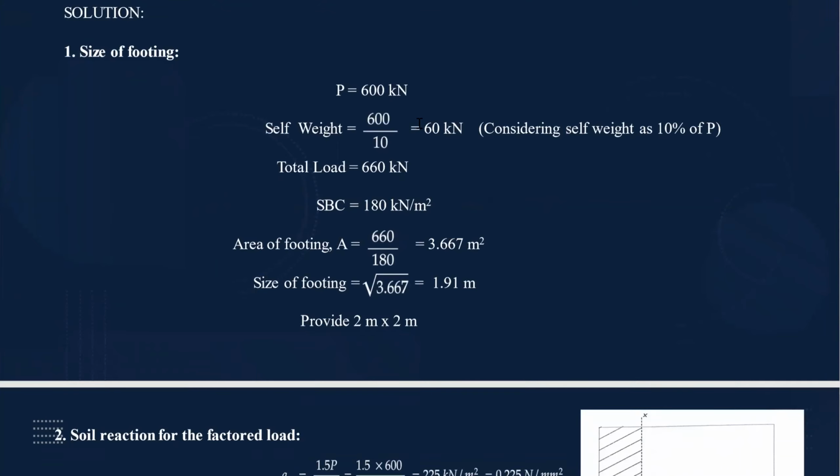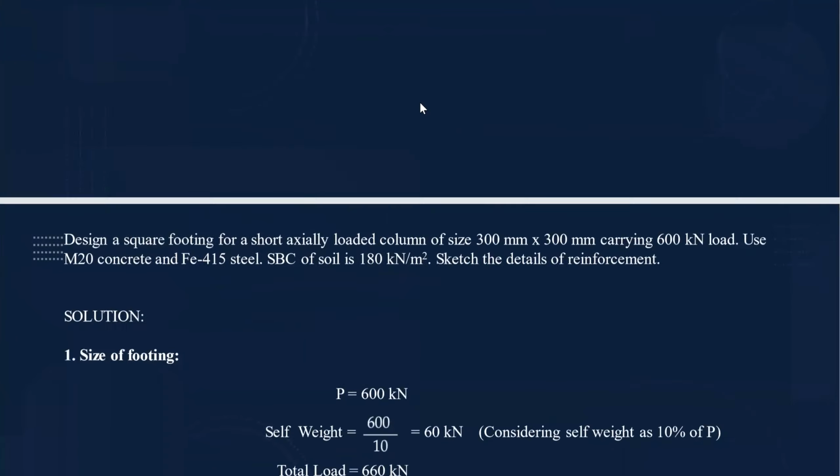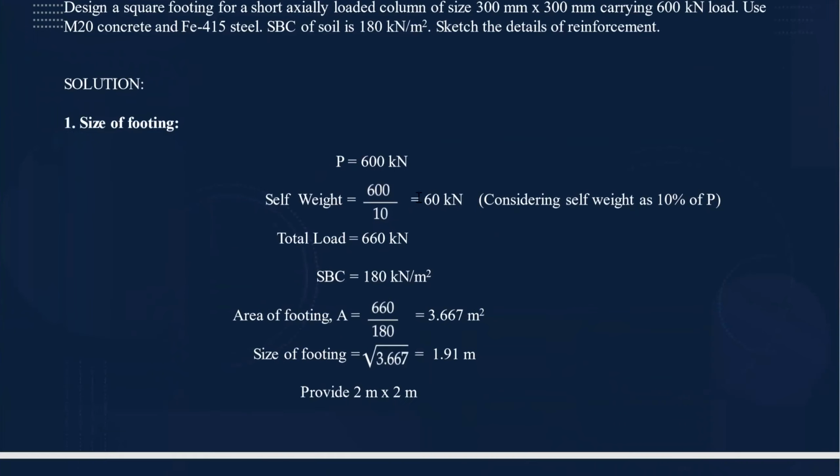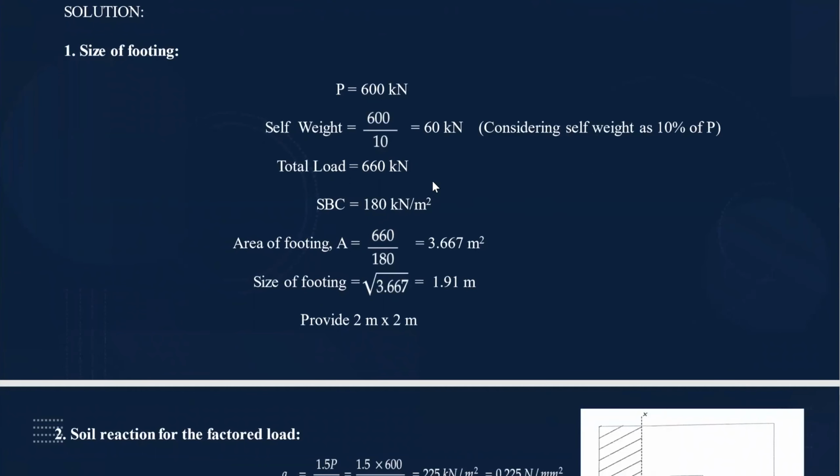Now the load given in the question is 600 kilonewton. So P is obviously 600 kilonewton. You have to consider the self weight, that is 10%. Therefore, the self weight will be 60 kilonewton, and the total load will be 660 kilonewton.